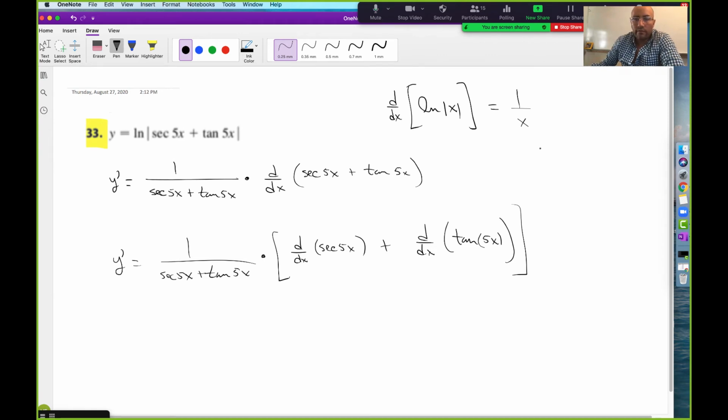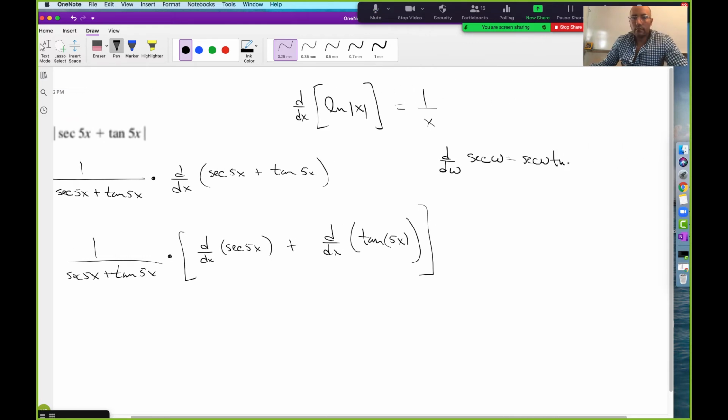So if I had the derivative with respect to w of secant w, the answer is secant w tangent w. That's messy. Secant of w is secant of w times tangent w.